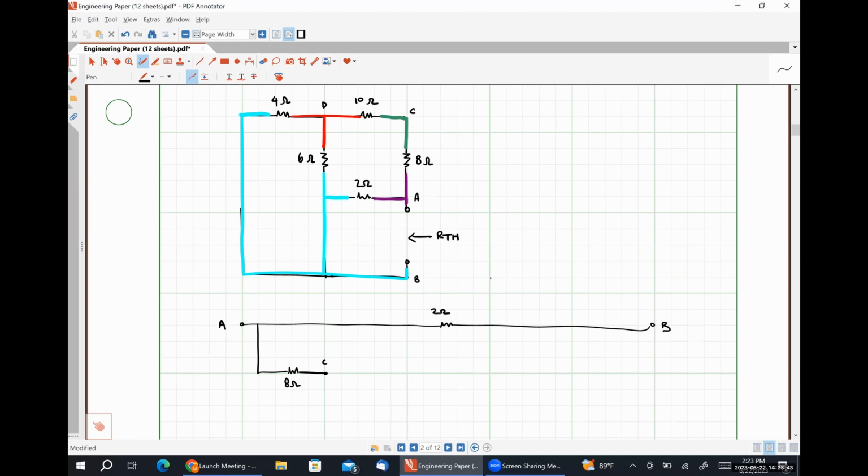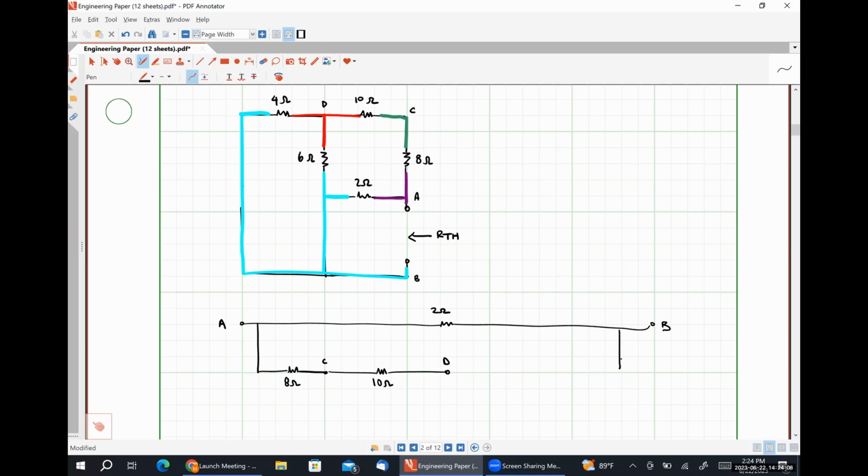I can go from C to D through the 10 ohm resistor. So let's put D here. And then I can go from D to B through either the 4 ohm resistor or the 6 ohm resistor.